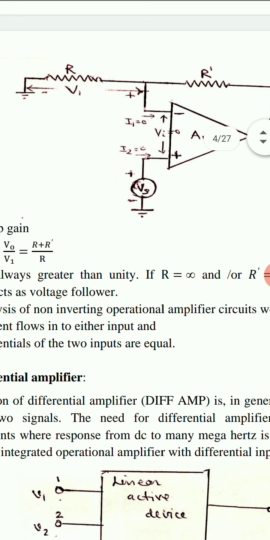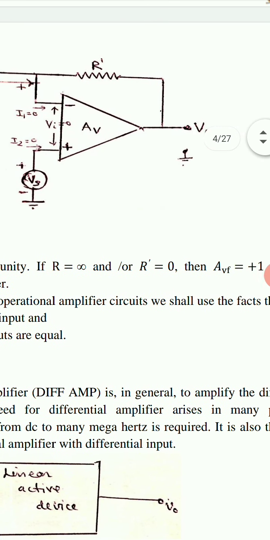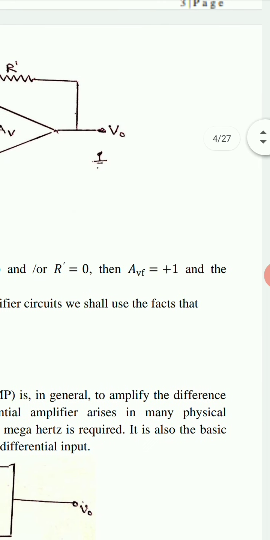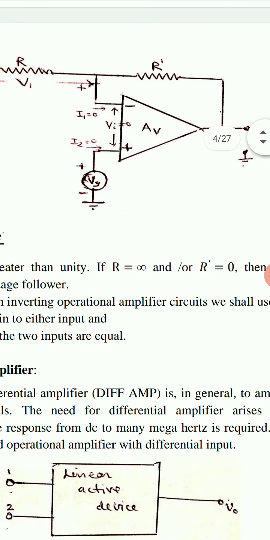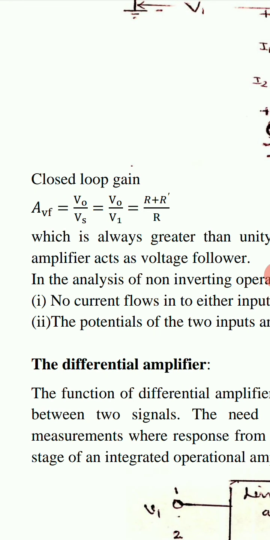If R equal to infinity and or R' equal to 0, then AVF equal to plus 1 and the amplifier acts as a voltage follower.